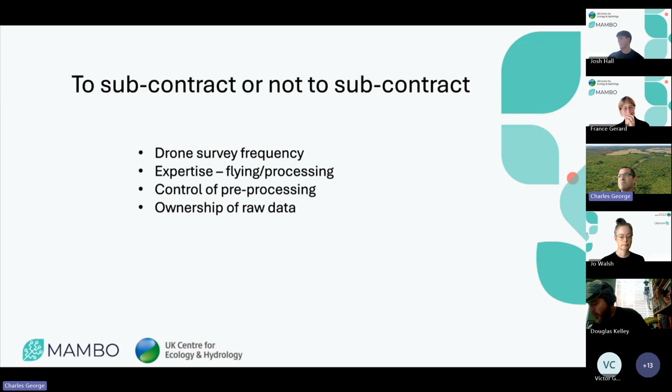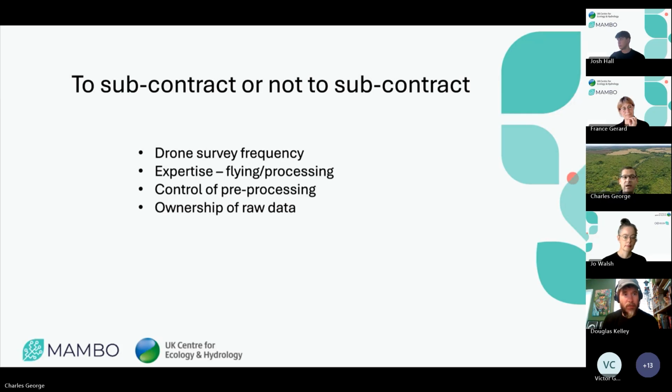And again, with that frequency, you won't have gained the expertise for both the flying and processing the data if you're only flying a couple of times a year. If, however, you're flying 15 times a year, it's definitely worth investing in the equipment and the resources for the personnel.